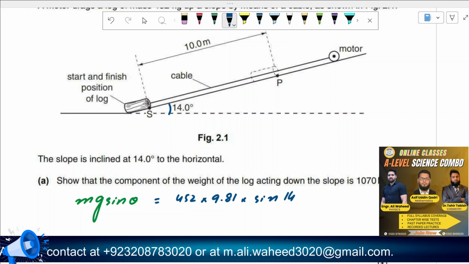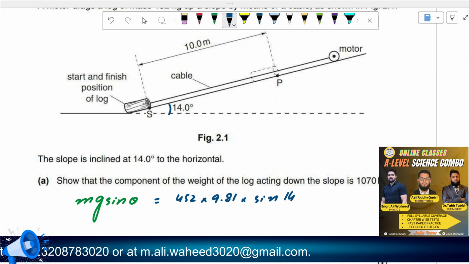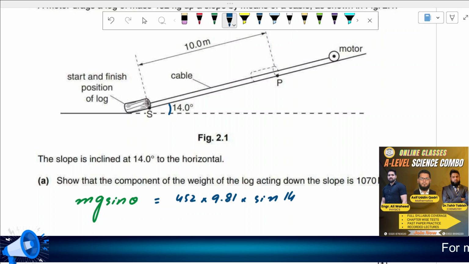So if we write it on the calculator as it is, okay, so let's get back to this one.